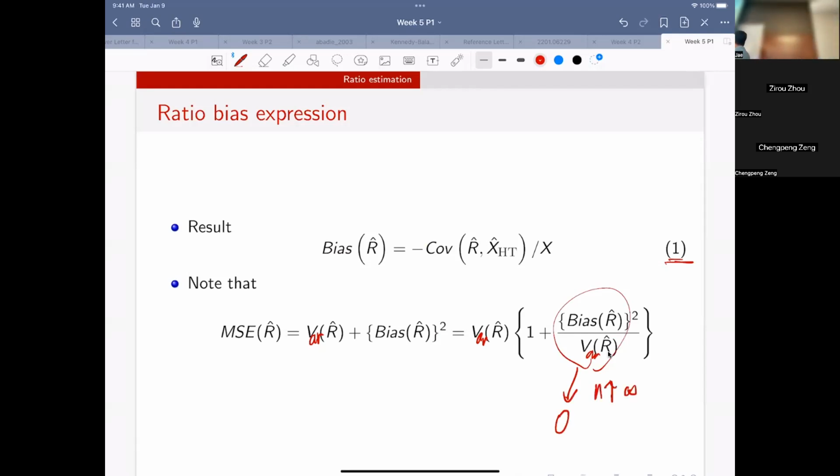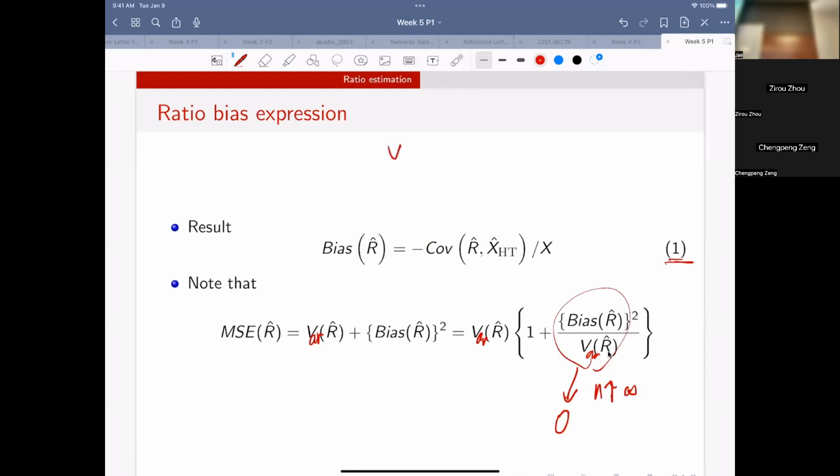I know bias exists, but asymptotically variance also goes to 0. Bias goes to 0, but bias square goes to 0 faster than the order at which variance goes to 0. That is exactly the key idea.